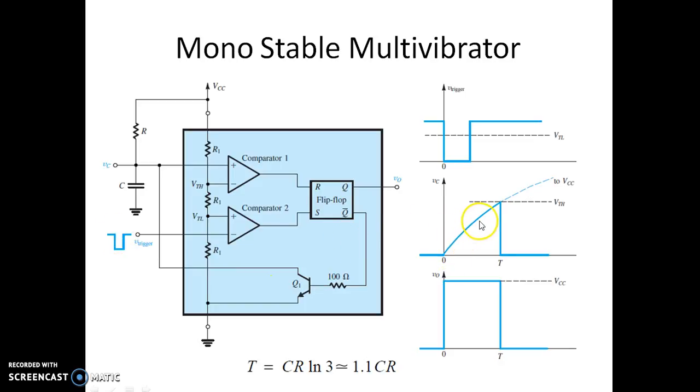It is charging towards VCC, and whenever it goes above VTH, since it is connected to the threshold pin here, the output goes to 0 as the capacitor voltage tends to exceed VTH. Then the capacitor will discharge to 0 through the transistor. Since the charging path is R and C, the time constant of the capacitor while charging is R into C. While discharging, it almost instantaneously discharges because the resistance offered by the transistor when it is on is very small.